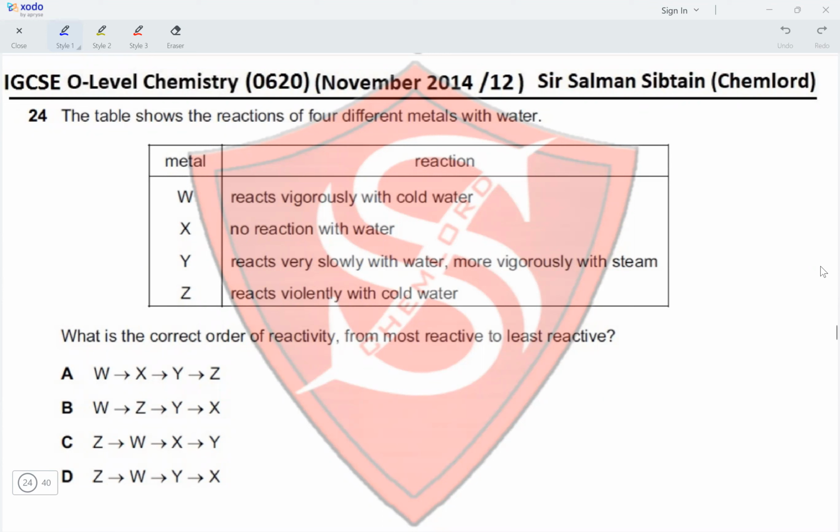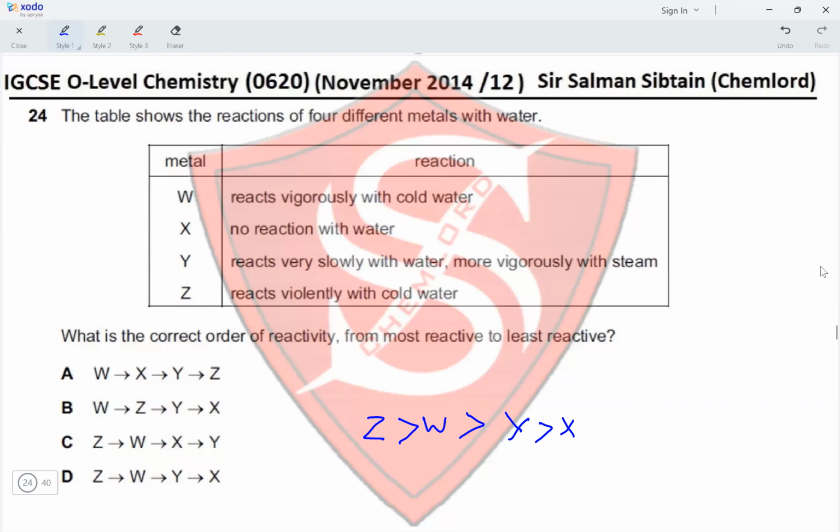So the Y is more reactive than X, and Z reacts violently with cold water. So this establishes Z being more reactive than W. And if we compare W and Y, so W reacts vigorously with cold water and Y reacts slowly with water.